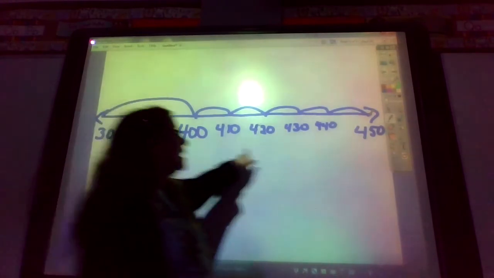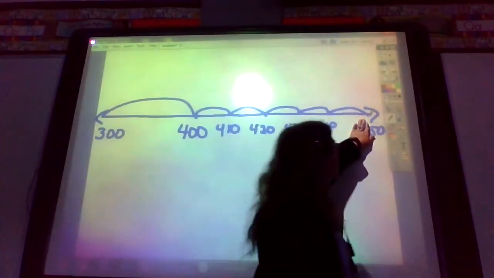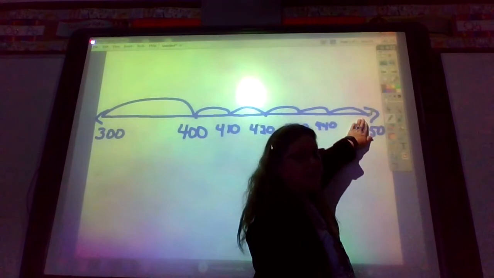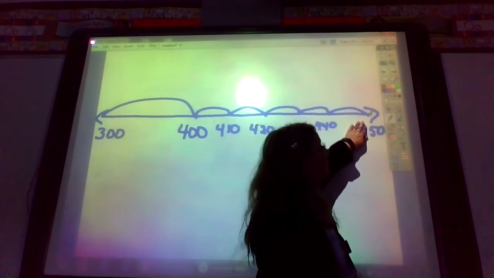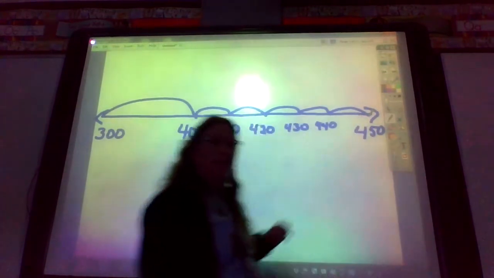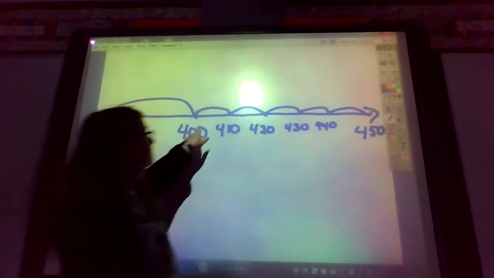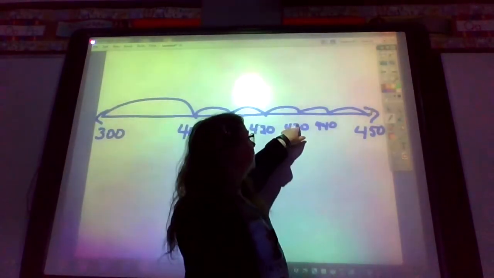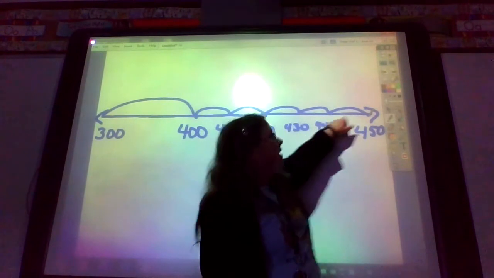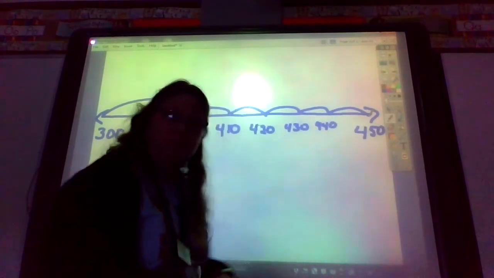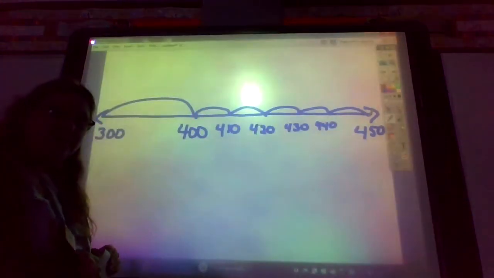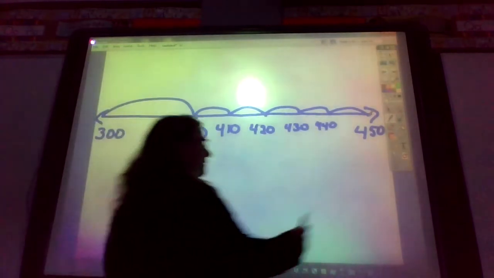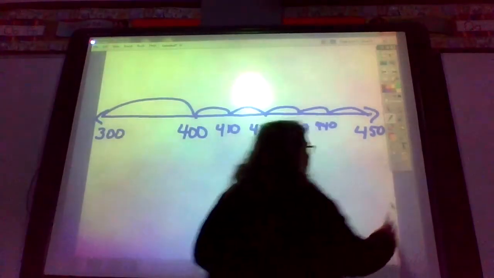Then I'm going to hop by tens because that 50, I'm already in the 400s, that 50 is a tens number. I'm going to hop by tens. 410, 420, 430, 440 to 450. Okay? That's not too bad. Let's try another one. One of these times they're going to try to fool us.